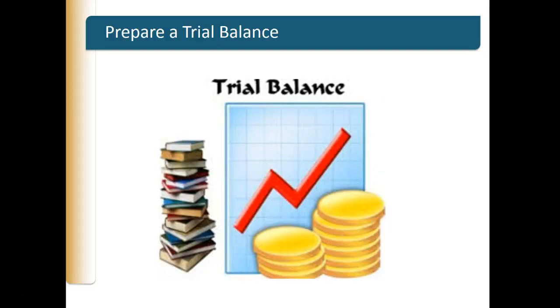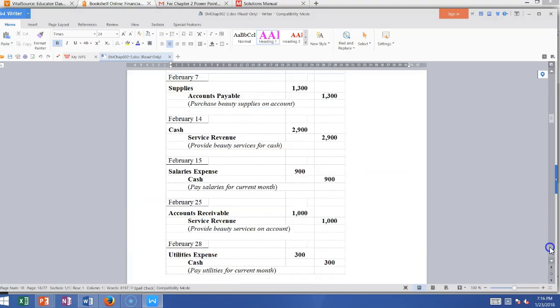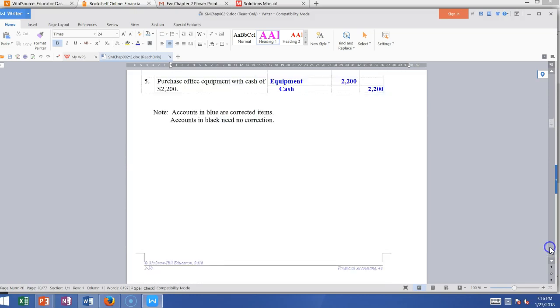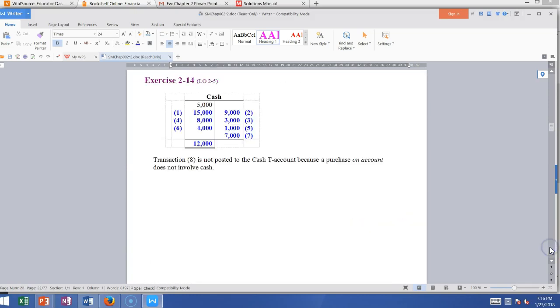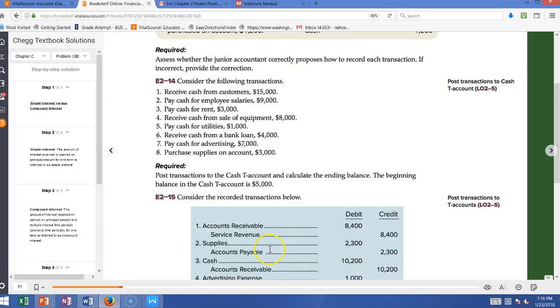So let's go and look at some problems. 214, page 91. So, exercise 214, do you guys have it? I don't think so. No, we don't. We have 215. Are you sure you don't? I'm pretty sure. 216.